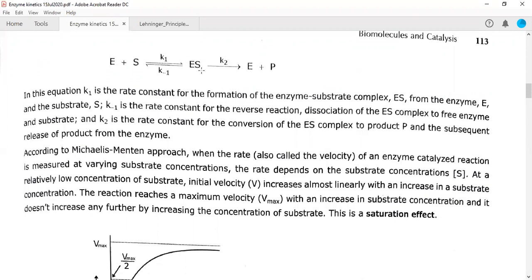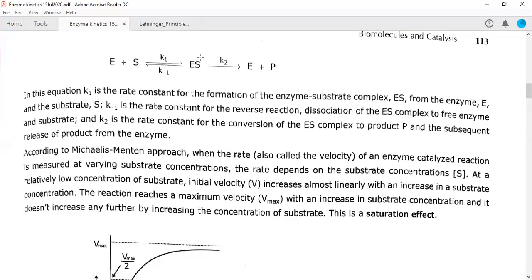So you can assume there is only one reaction to make the enzyme substrate complex, which has rate constant K1, whereas this enzyme substrate complex is broken down in two ways, either to make the product or to release the substrate. This has two rate constants, K minus 1 and K2.